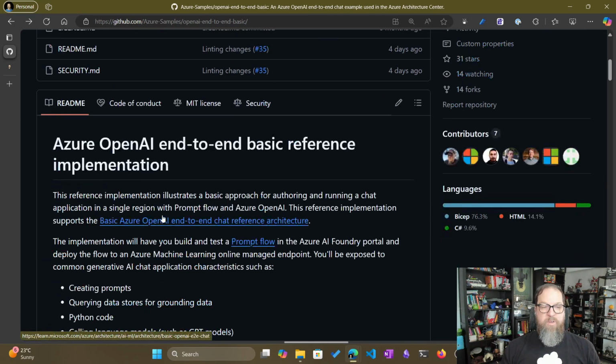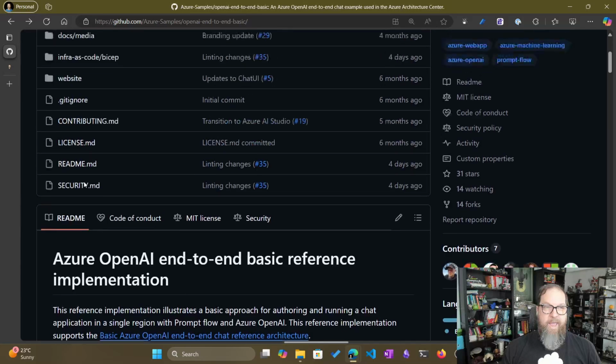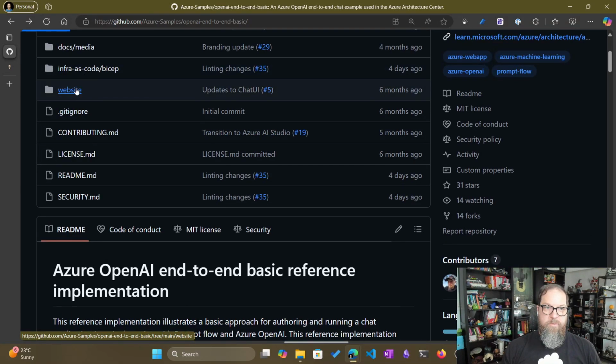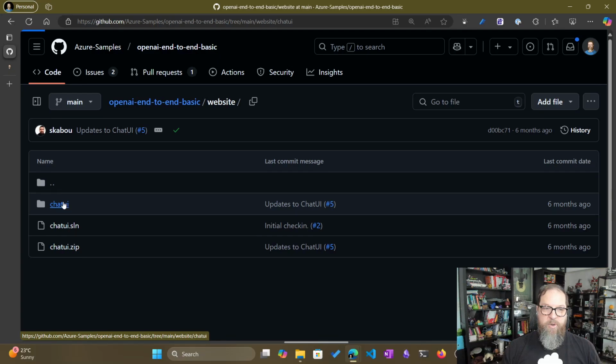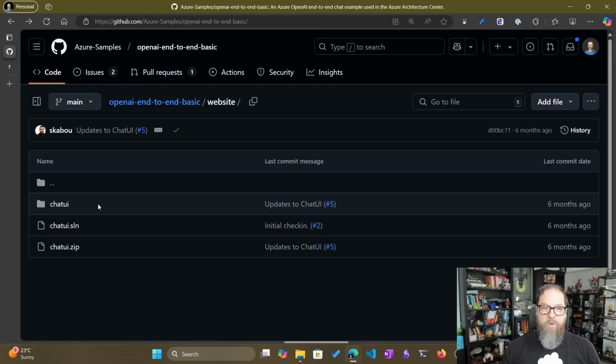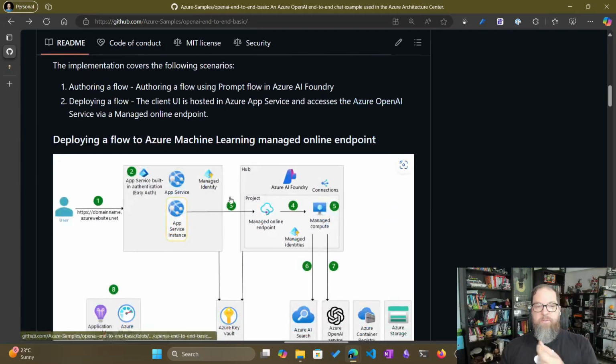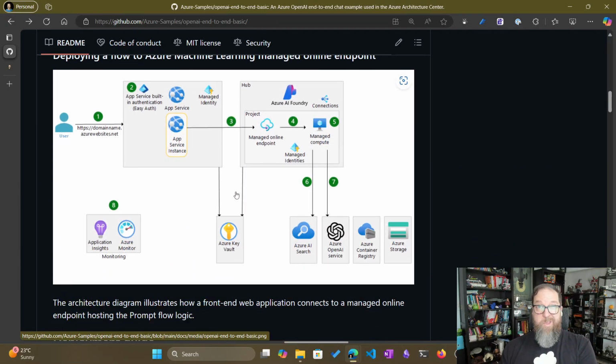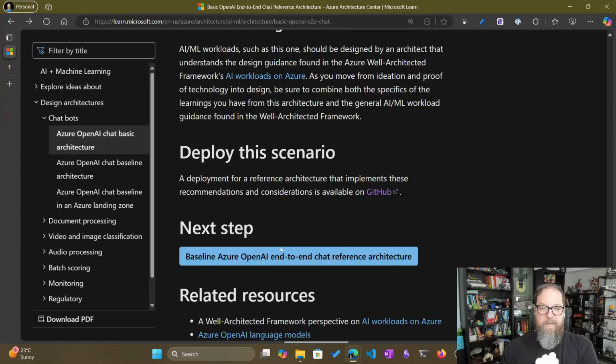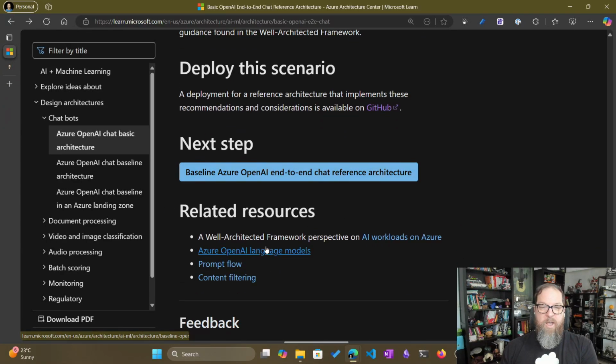So they actually give you a starting place and reference implementation. So here's your UI with all of the code. And so you've got solutions that build and work. And you're going to see a lot of these that build on the well-architected framework.